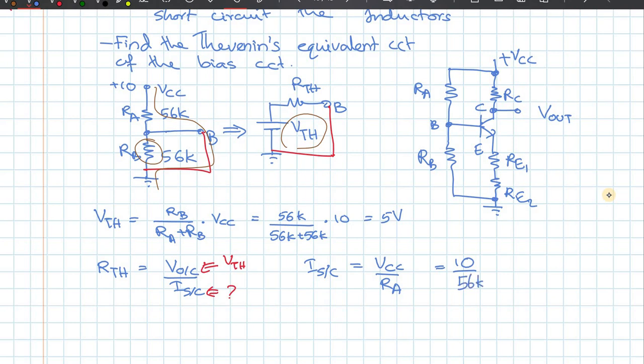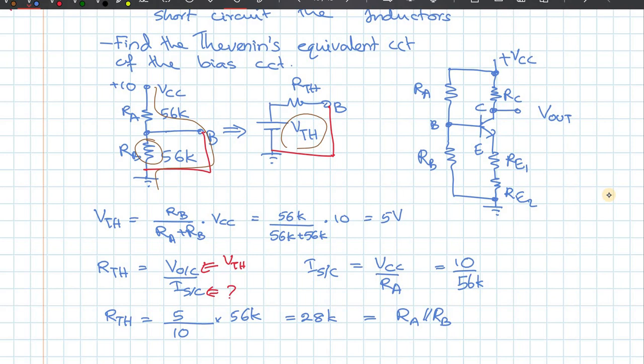So therefore my RTH is equal to 5 volts, VTH, divided by 10 divided by 56K. So therefore this is 28K. And you will see that this is actually equal to RA parallel RB.